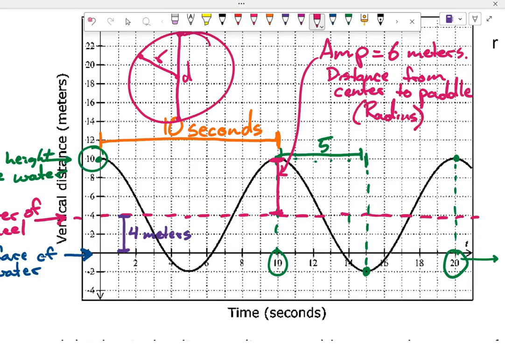So the center of our circular motion is always going to be our midline. The amplitude of our circular motion is going to be the radius. Okay? Or the radius is the amplitude. That's going to usually always be the case. All right?